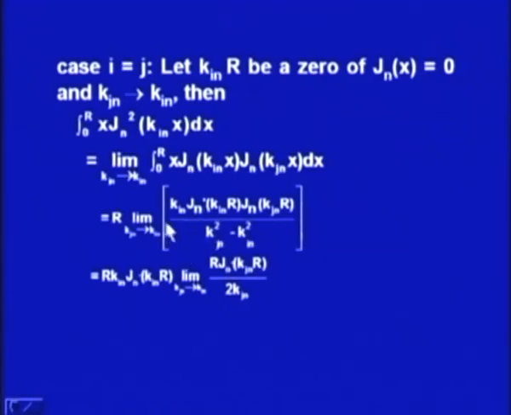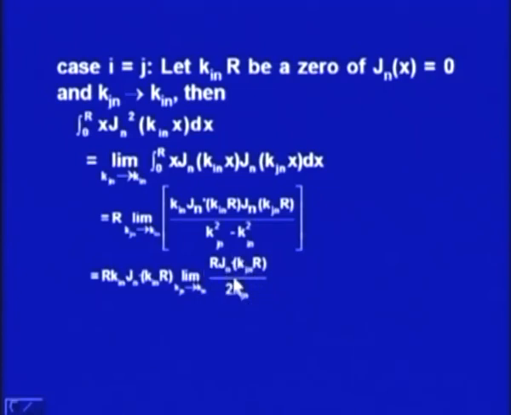So, taking the limit of this multiplied by r, we have r times k_I n J_n'(k_I n r) into the limit, as k_G n goes to k_I n, of r J_n'(k_G n r) over 2 k_G n.